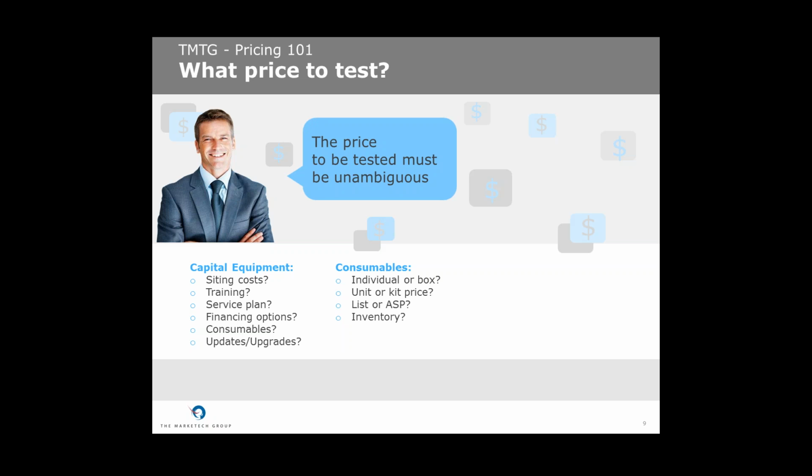Respondents know that they'll get a discount, maybe through their GPO, on that type of product, typically 10, 15, 20%, and they'll report to you the discounted price, the ASP. You may be asking for the list price. Be clear which you're asking about. Inventory is another consideration. Who carries that inventory? That may have an impact on the price they're willing to pay.